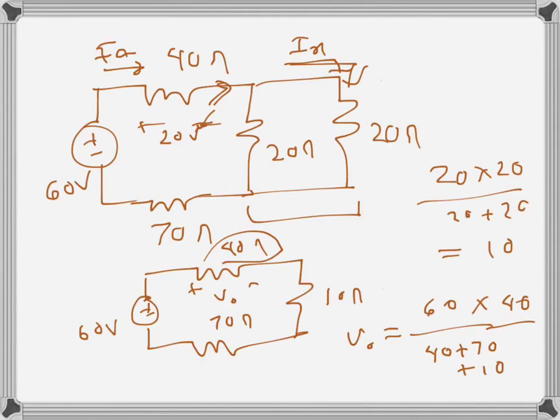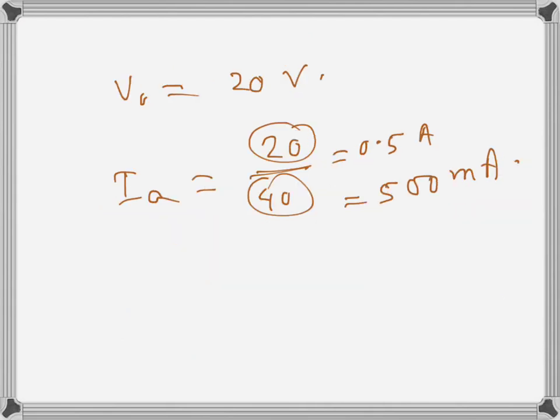We know IA now. Since we know IA, we can apply the current divider rule. This current IA will be divided, part of it will go through this branch, the other part through that branch. But these two resistances are the same, we can see that. So we actually don't need to do the current divider rule.